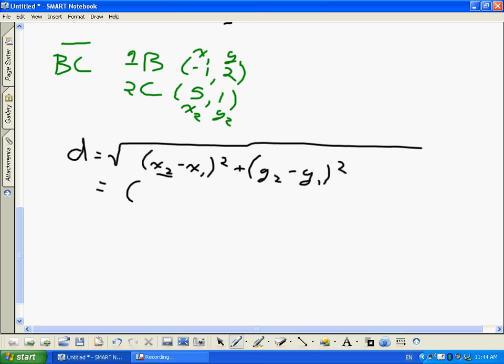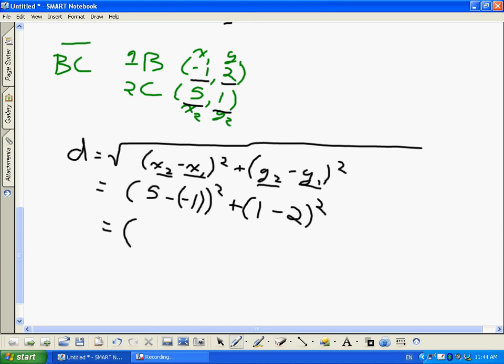So, very first coordinate I need is my x2, which is 5. Subtract x1, negative 1, squared, plus y2 is 1, minus y1 is 2, squared. 5 subtract negative 1 is 6, squared. 1 minus 2 is negative 1, squared.